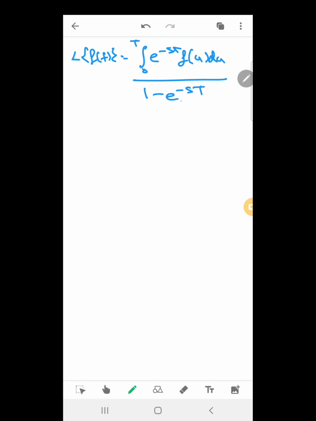Got it? We use the infinite progression here, because when I was making you understand the problem, I separated that particular integration into separate integrations: 0 to T, from T to 2T, to 3T.